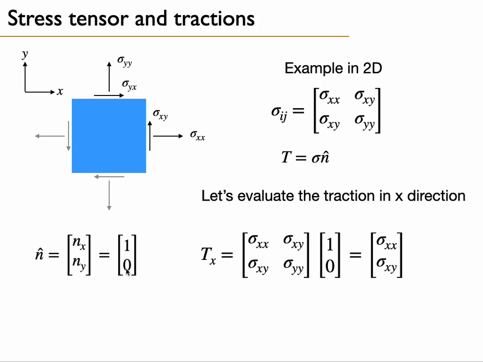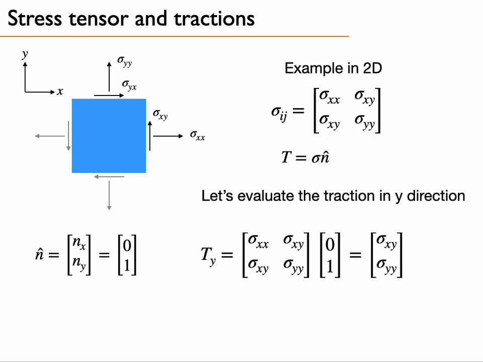So it's 1 and 0. And let's do the product, sigma times n. Sigma times n is sigma xx times 1 plus sigma xy times 0. This makes sigma xx. Now we go to the second line, sigma xy times 1 plus sigma yy times 0. This makes sigma xy.